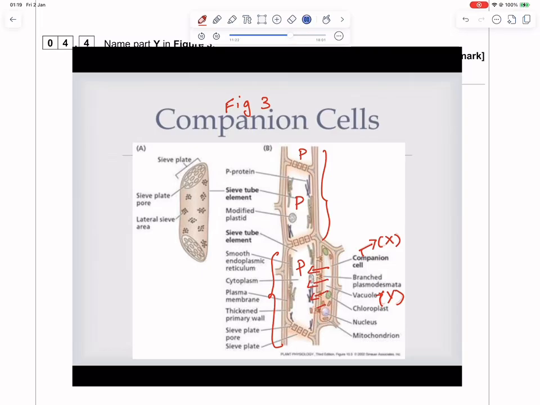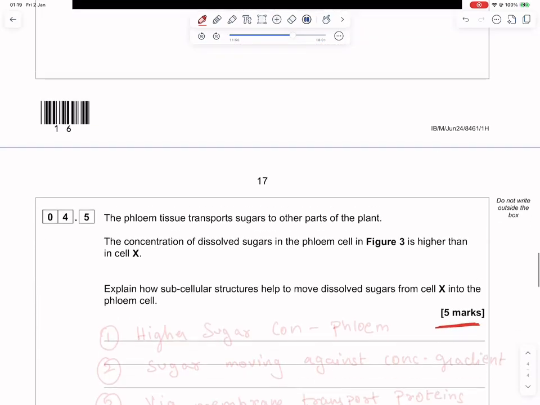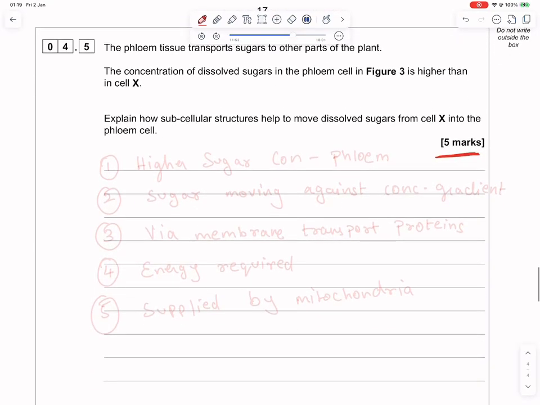So as you read the question, it says cell X is transporting the sugars from cell X into the phloem, even though the concentration of sugar is low in cell X as compared to phloem. So the logical order in which we are going to give them 5 points. Let's have a look at it. What are the 5 points? So the point number 1.